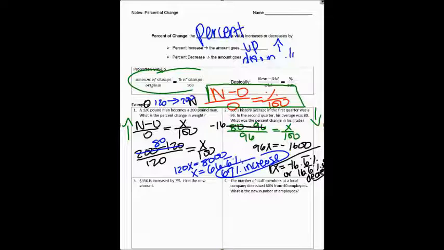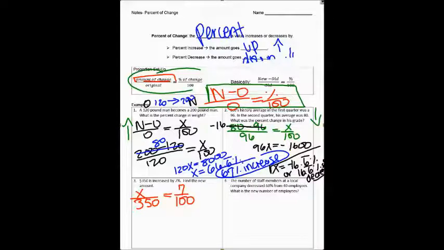Remember how new minus old represents the amount of change. So what we want to first look for is the amount of change. That's what we don't know, this top part. So x over the original, which is 350. Our percent is an increase, so it's positive 7, and percent always goes over 100.